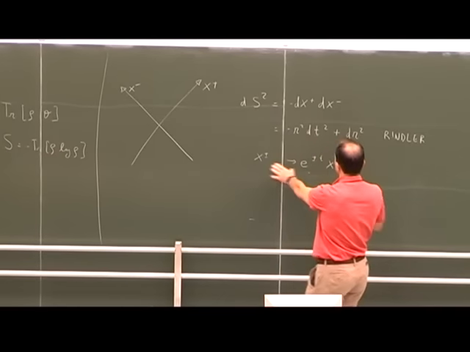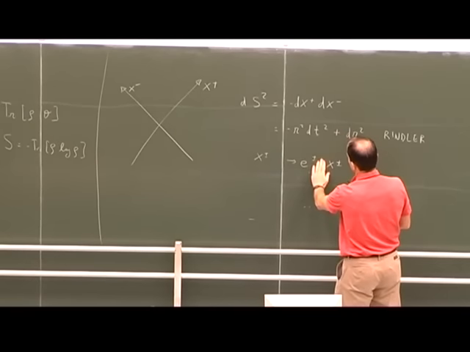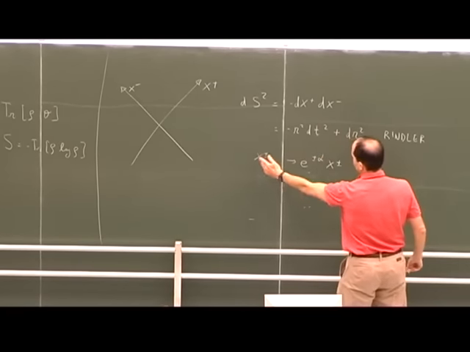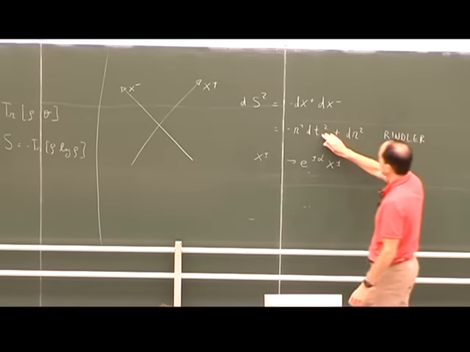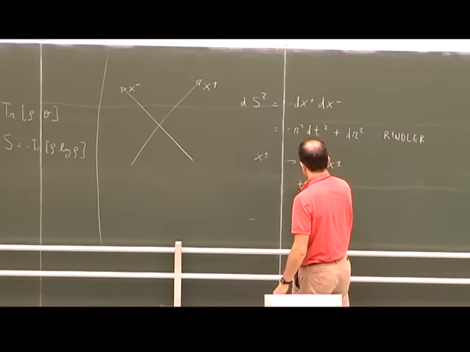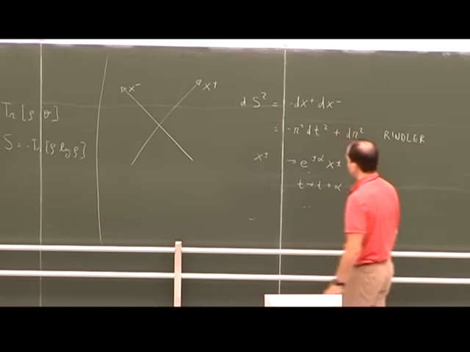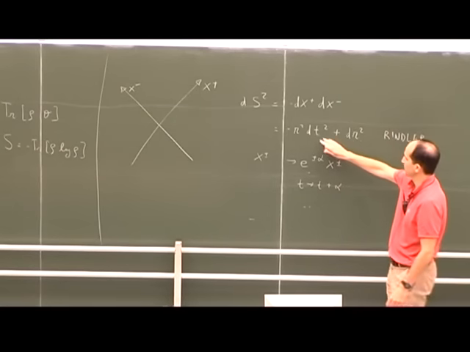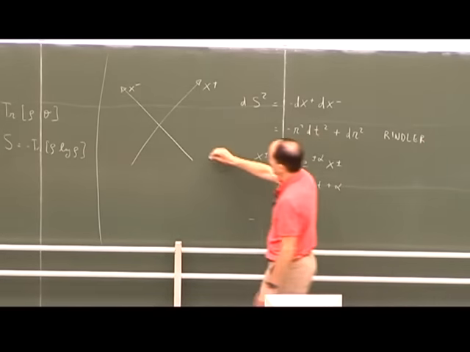This is the usual definition of boosts. A boost by some quantity alpha would change the coordinates in this way. And in this coordinate system, this just corresponds to t going to t plus alpha. So a time translation of the Rindler time corresponds to a boost in the original coordinates.